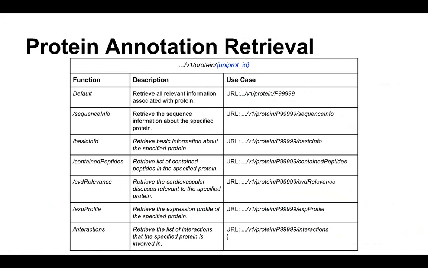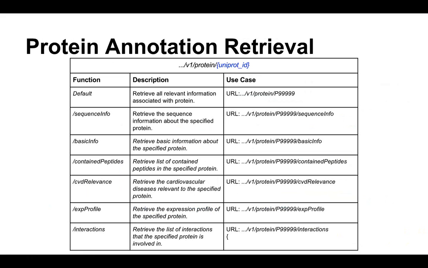Another feature for our API is the protein search. With this, you provide a UniProt ID, and you'll get all the relevant information about that protein.